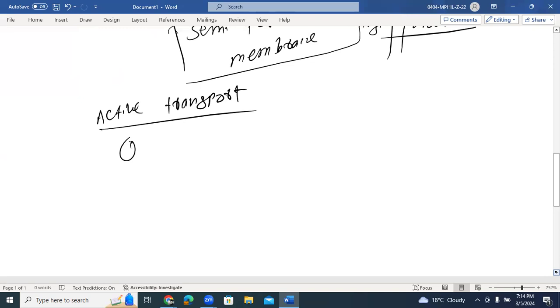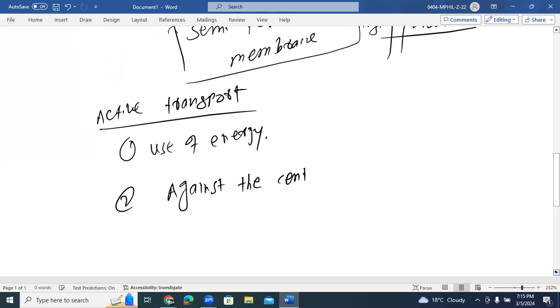One thing is the expense or use of energy. This is one point. What would be the other? It is against the concentration gradient. Are you getting it? Is it fine? Okay. So you can give a number of examples.